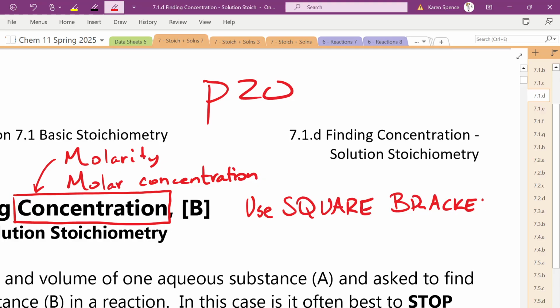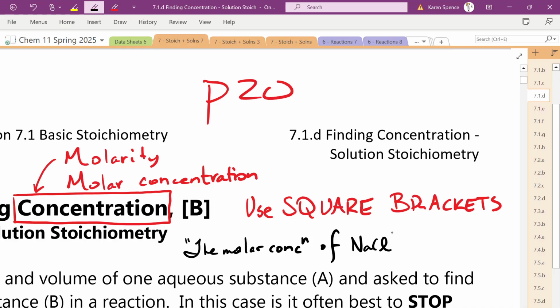So if you have forgotten this since the mole unit, or if you never learned it in the mole unit, now is the time. If you want to say the molar concentration of, I don't know, NaCl, you will write square brackets, NaCl.